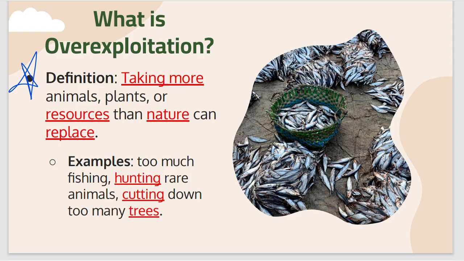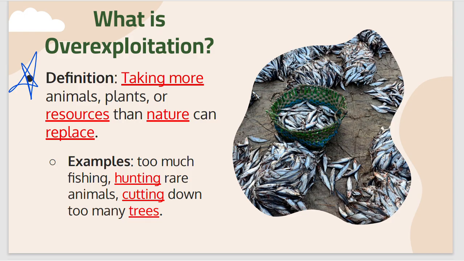So examples of overexploitation can be too much fishing or overfishing, hunting of rare animals, overhunting, and cutting down of too many trees. So deforestation.